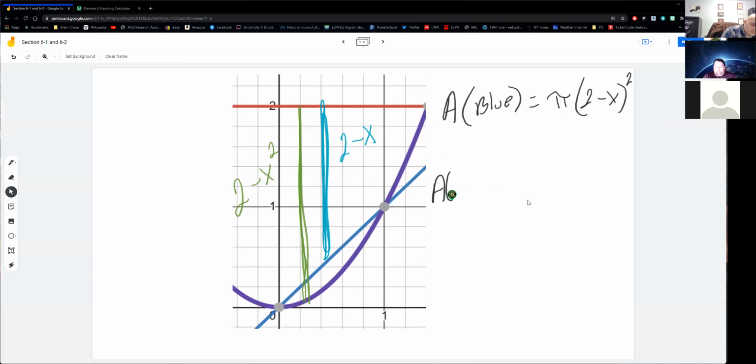And the area of the purple is pi times (2 minus x squared) squared. Does that make sense?